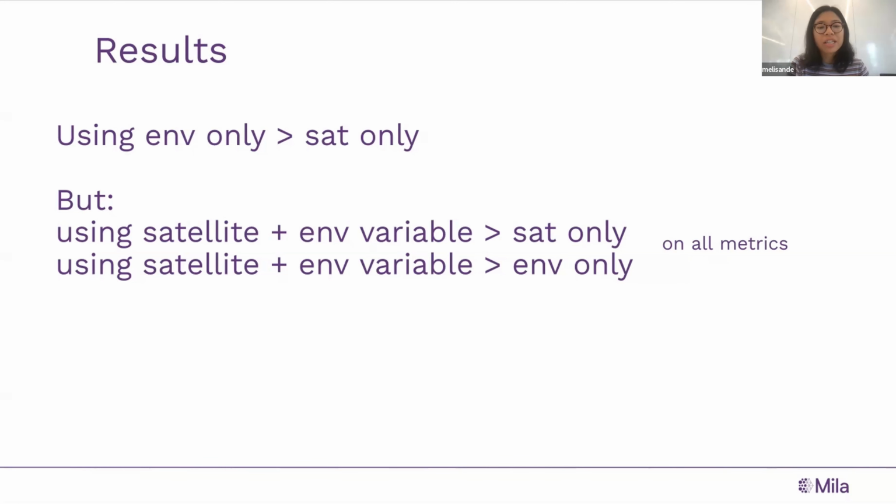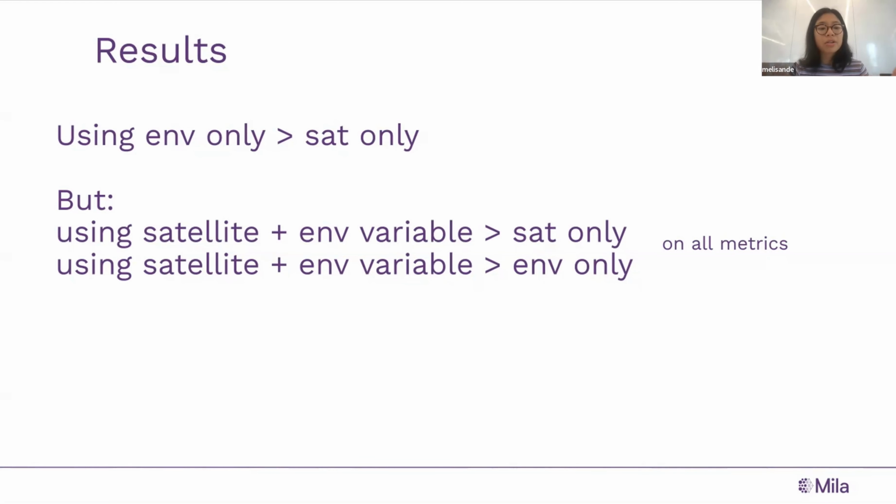But when we add satellite imagery to the environmental data, so in our model, this is stacking the satellite imagery with the environmental rasters as input, then we get performance that is better than models that use satellite imagery only or environmental data only on all the metrics that we considered.